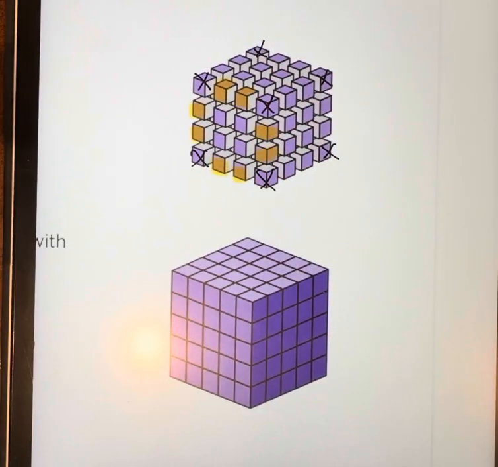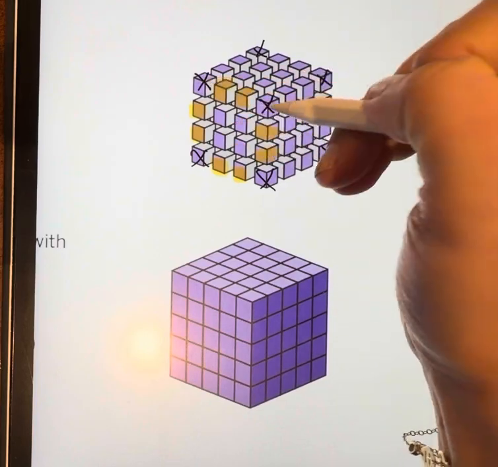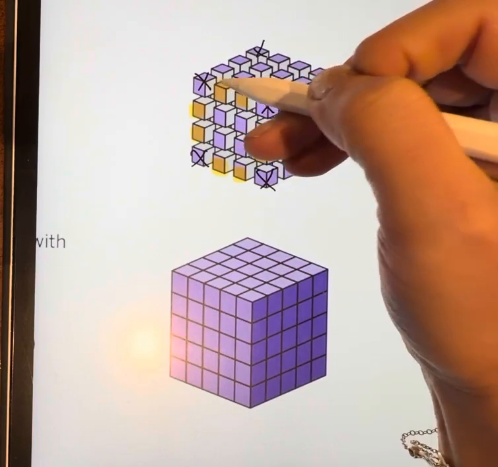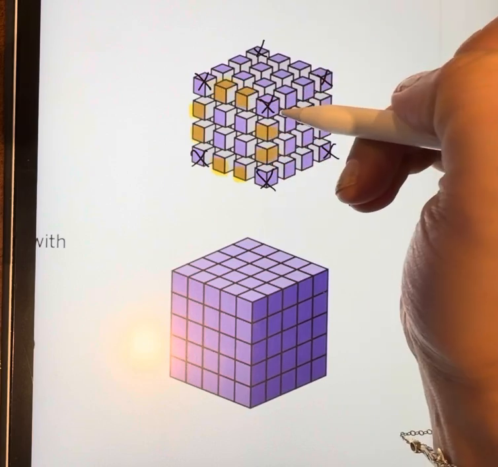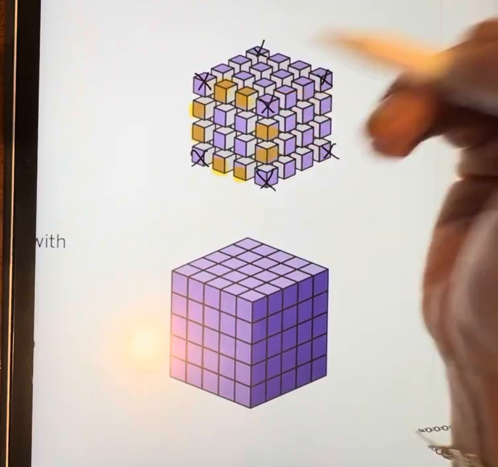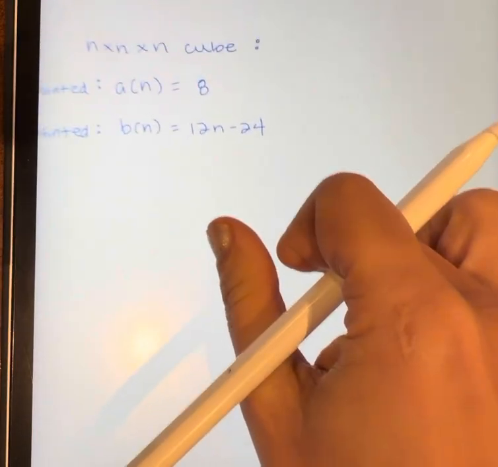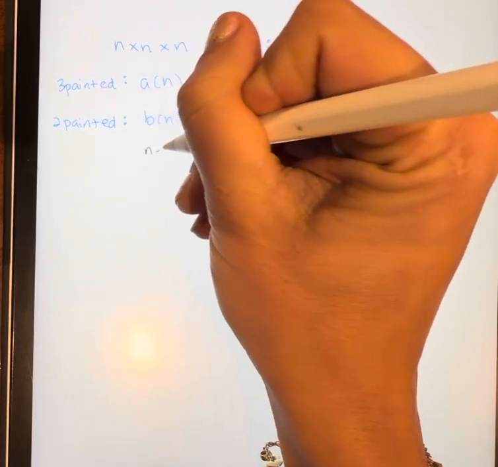It's those guys. So we got to take the 2 away from our n. N is the number of cubes that go across. So in this case, it's 4. There would be 2 of them. Okay? So that's how I came to do this. It was the n minus 2.